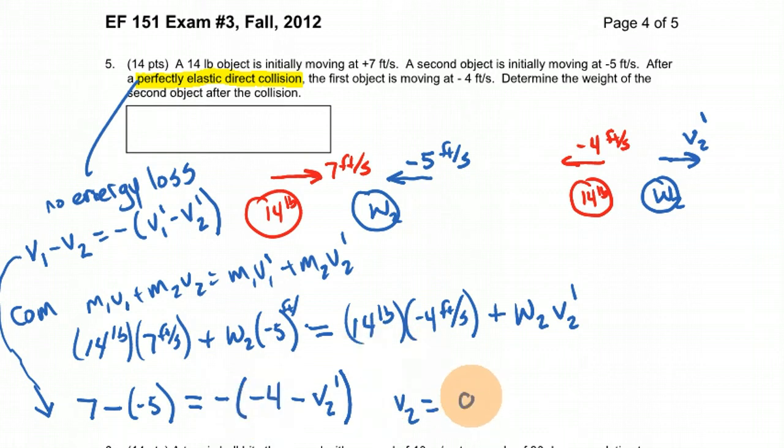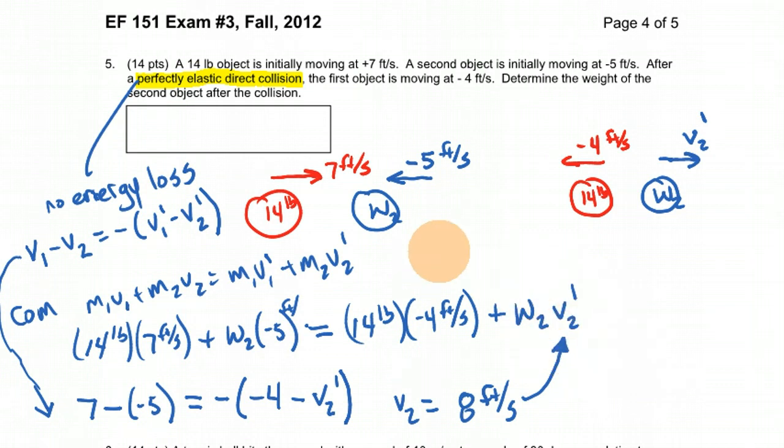Okay, so V2 is going to be equal to 8 feet per second. Alright, so we made the algebra work out pretty easily here. We can then substitute that in right there and solve for W2.